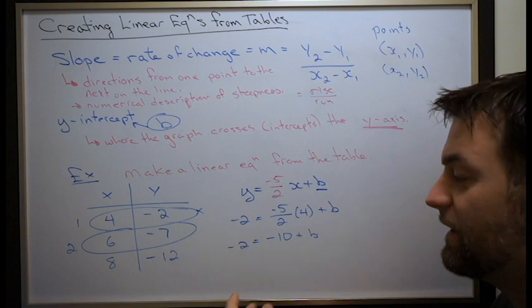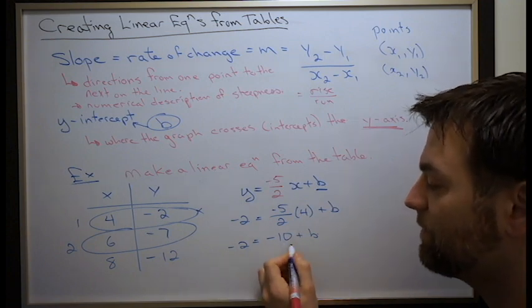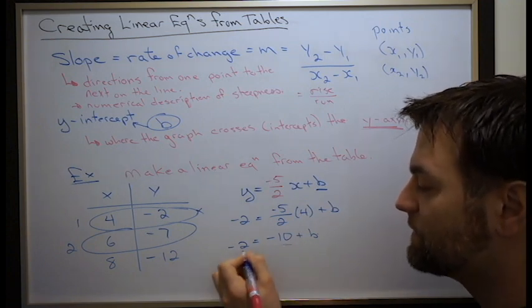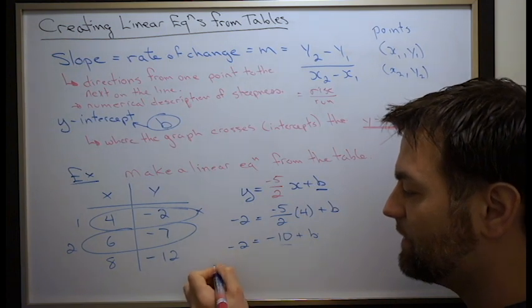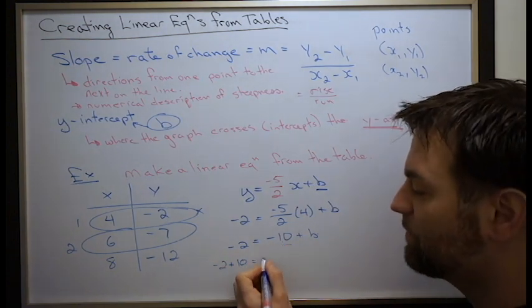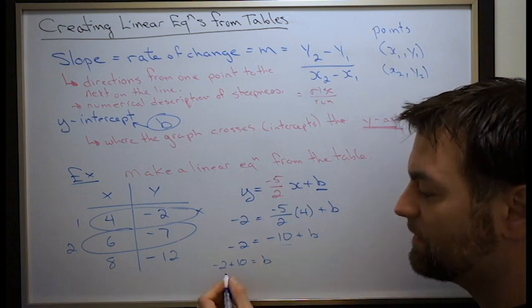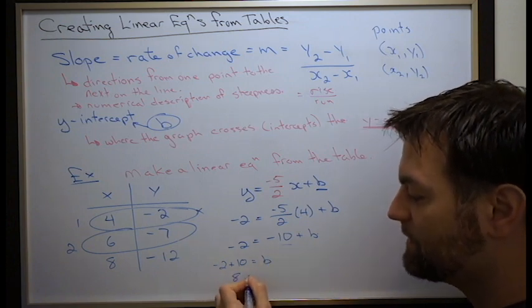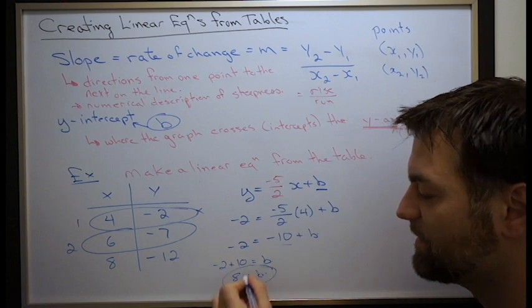Now we can simplify and recalculate this by moving this part over to the other side. So solving for b, -2 plus 10, we do the opposite operation, we move that over, equals b. -2 plus 10 is going to be 8. That equals our b value. So there's our b value.